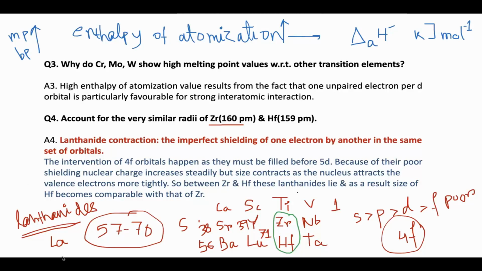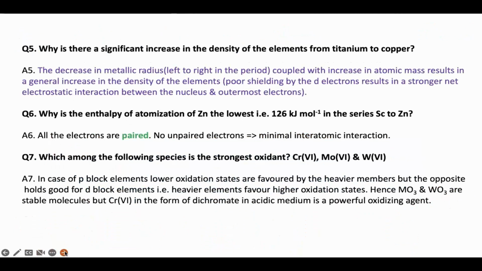So the next question is, why is there a significant increase in the density of the elements from titanium to copper? Here you can see we have titanium on the extreme left side. Titanium has a d2 configuration, and on the extreme right, before zinc, we have copper.